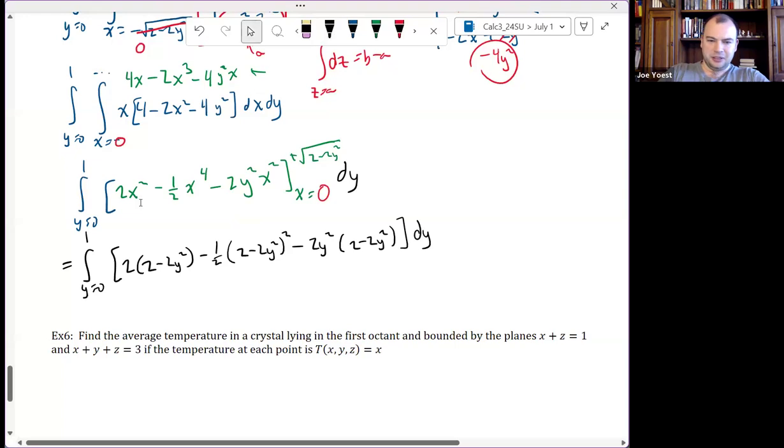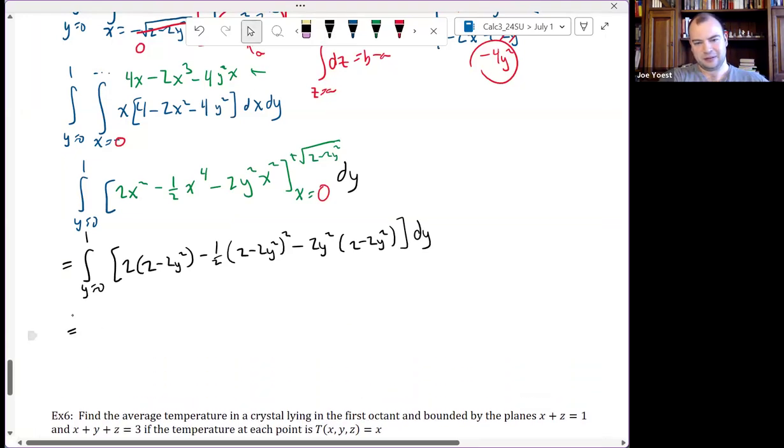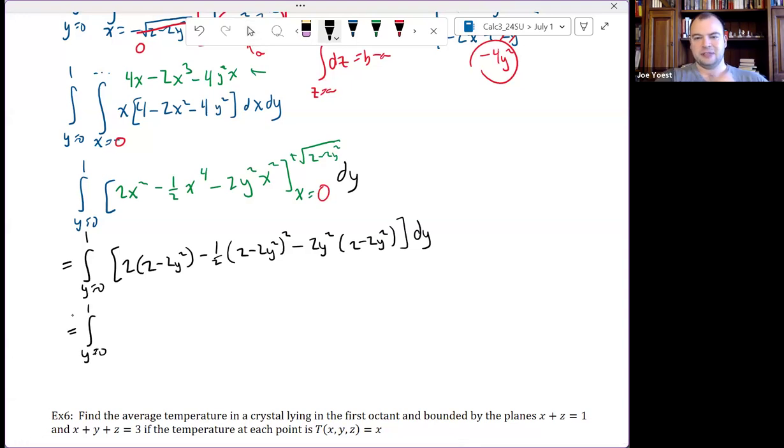And I actually notice here, well, if I look at the first and the third terms, I can actually factor out a factor of 2 minus 2y squared.